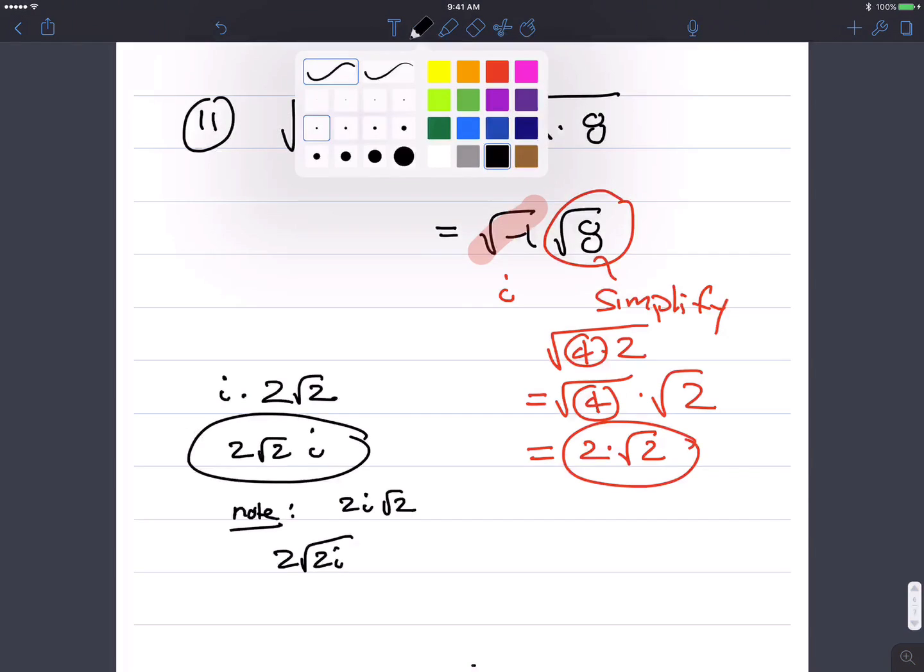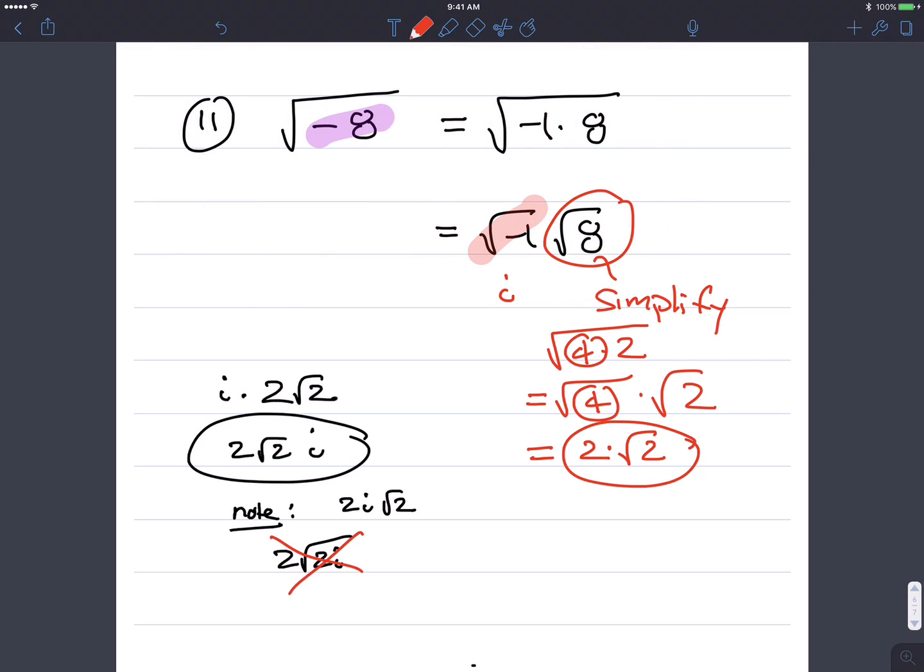So this is not what we're saying when we have our final answer being 2 times the square root of 2i. Just make sure your i is outside the radical.